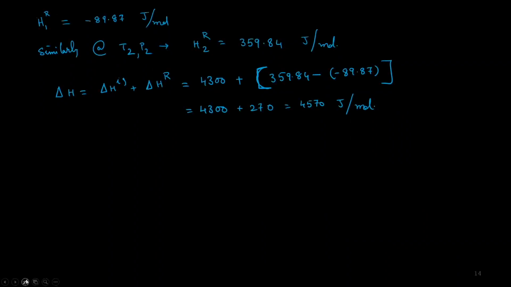So notice that if I do not involve the corrections using the Virial equation of state, then I would have calculated only the ideal gas value, which is negative 4300 joules per mole. And if I use the correction, then I add another 270 to that, which is about 6% higher. So the estimate for enthalpy change is about 6% higher in this case.